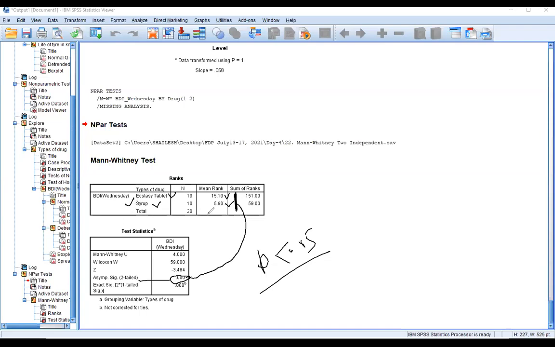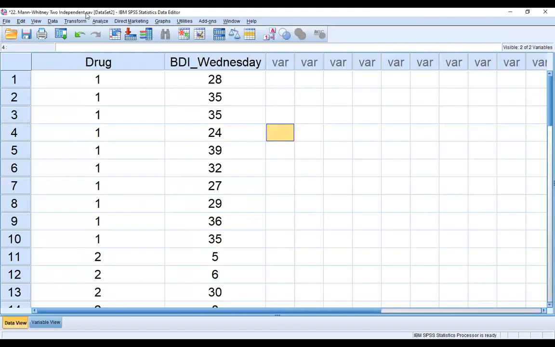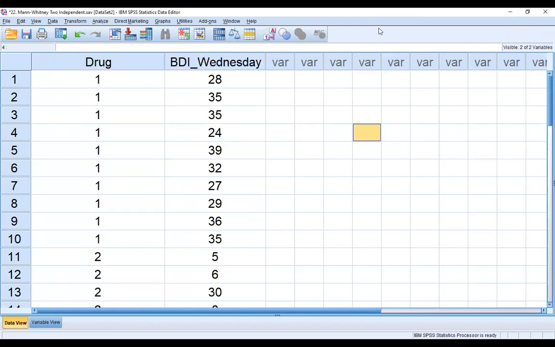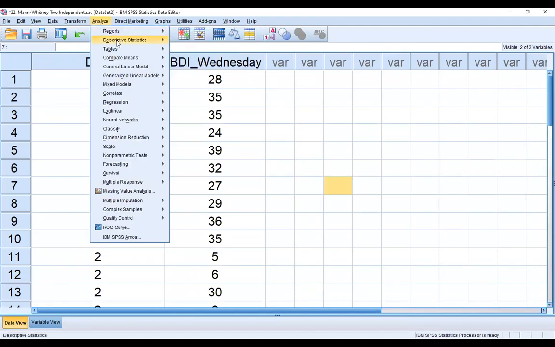Okay, so we can conclude that, and then we need to present the results of the median also. So we will take the median value also, because it is our requirement to present the median value. So here, Analyze, I am taking just simple descriptive statistics of my data, because for interpretation purposes we need the median value also.